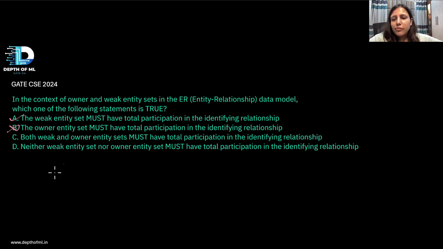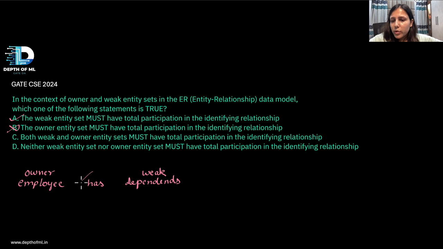For example, say there is a relationship between employee and dependent, employee has dependents. So this is the owner entity here, and this is the weak entity here.